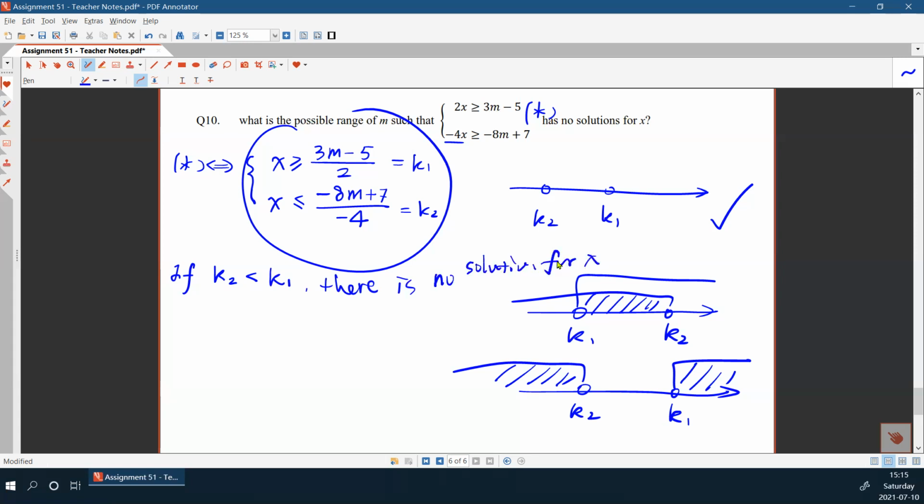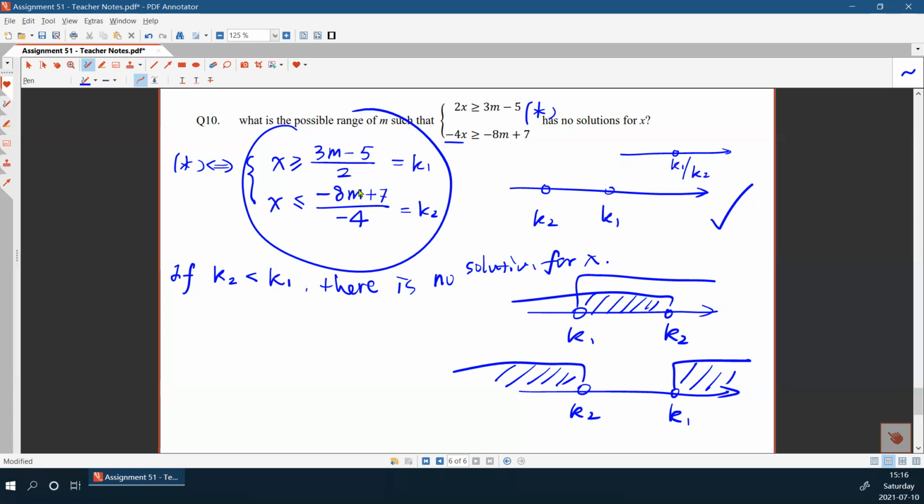But there is a corner case. Can k2 be equal to k1? I need you to think of this problem. Can we put an equality sign here? If k1 equals k2, that means k1, k2 should be the same number, right?